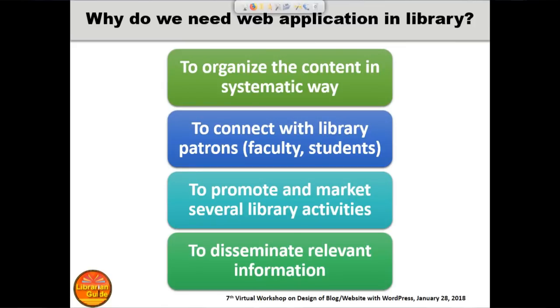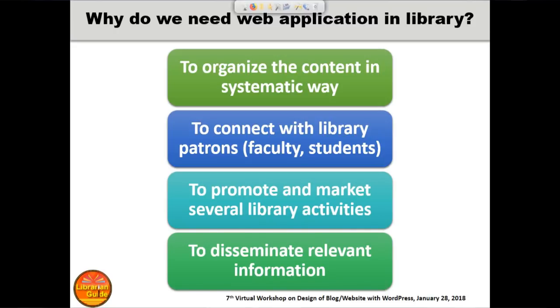We are talking about why we need the web application, the areas why we need those things. We need to think about why we need it. So we come across some points which are very common in nature.